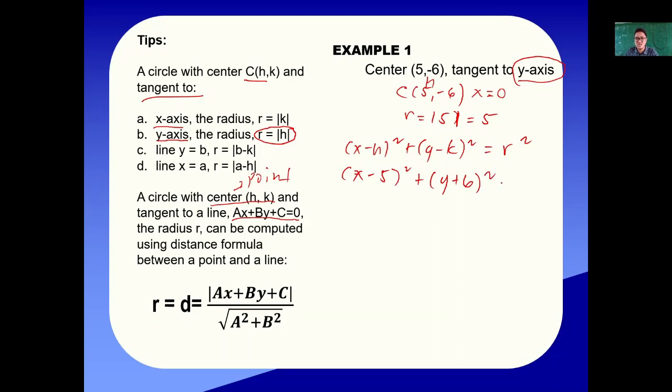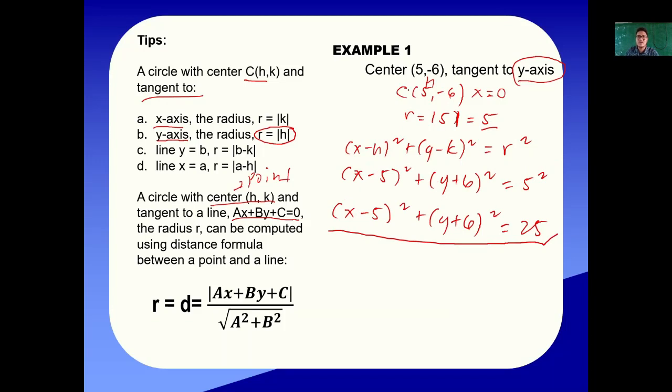Nakuha? Squared is equal to, what is our radius? 5 squared. Then, simplify: (x minus 5) squared plus (y plus 6) squared is equal to, what is 5 squared? That is 25. Therefore, ito na yung final answer natin, the standard equation if the center is 5, negative 6, tangent to y-axis.